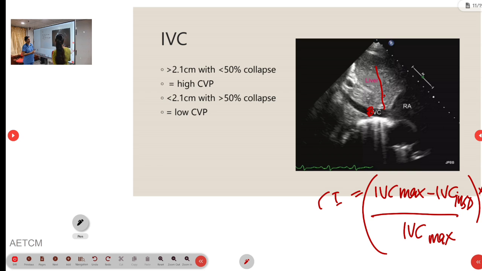So if the IVC maximum was 2 centimeter and it collapsed to 1 centimeter, then it will be 1/2 into 100. That means 50%. So we need to use this formula to calculate the collapsibility.